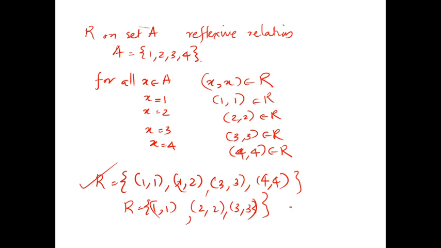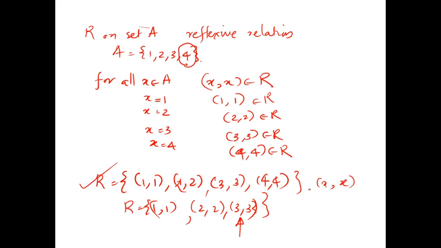Can we say that this is a reflexive relation? No, never. Why? Because there is one more element 4 in A which is not included in R. So, if all the elements present in A appear in relation R as ordered pairs in the x, x format, we can say that that particular relation is a reflexive relation.